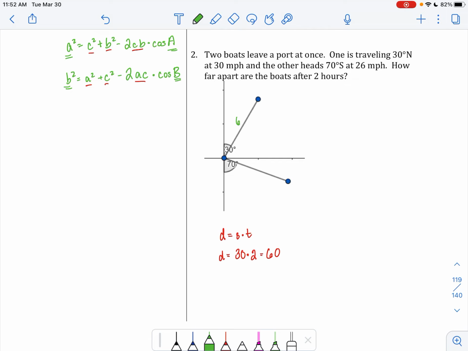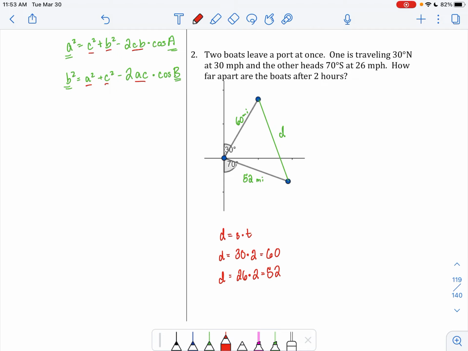So this first boat is 60 miles away. And the second has a speed of 26 miles an hour times 2, which is 52 miles heading south. So now we found this, and what we want is the distance here.